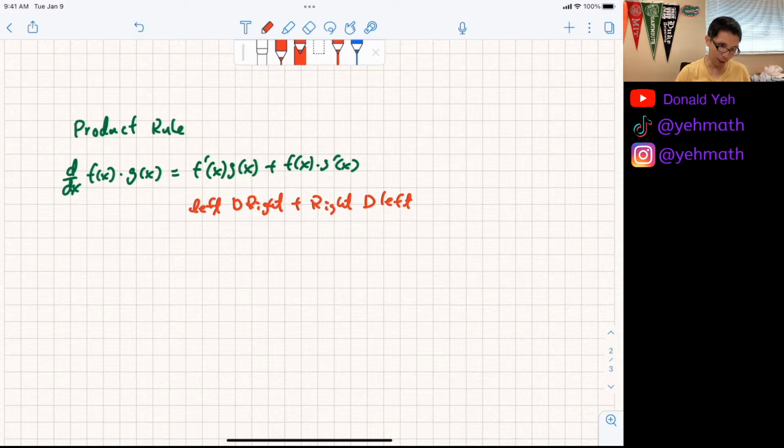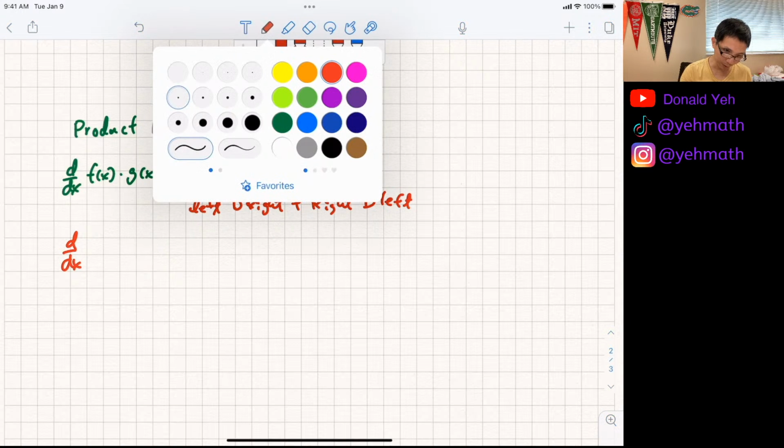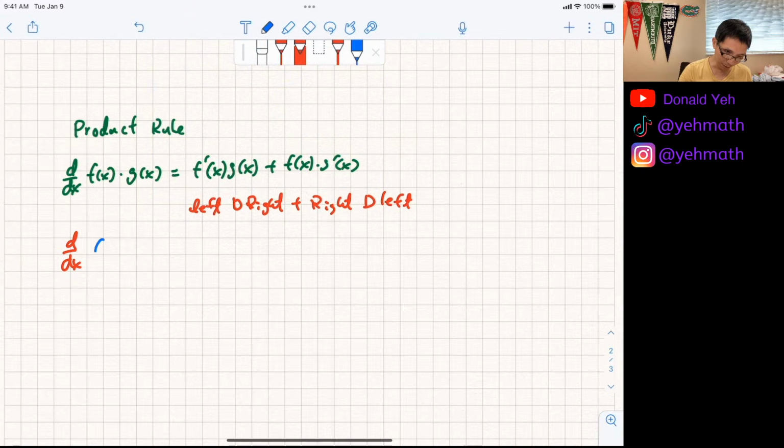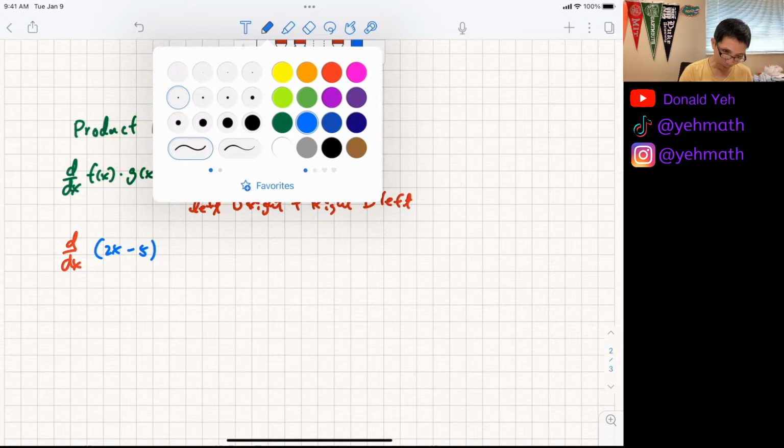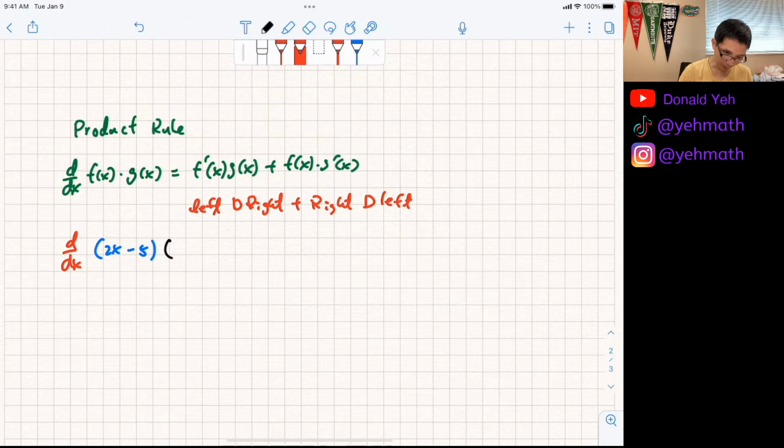So I'm going to show you how to work it. Let's say today I want to take a derivative of two functions, and we're going to label them by color. One is a blue function, which is 2x minus 5, and one is the black function, which is 3x squared minus 2.